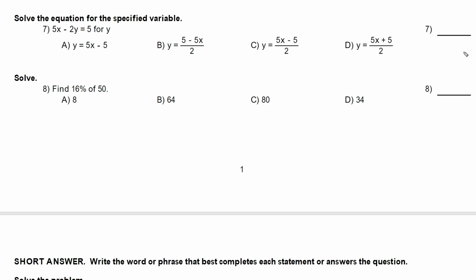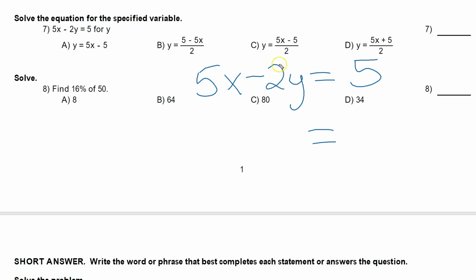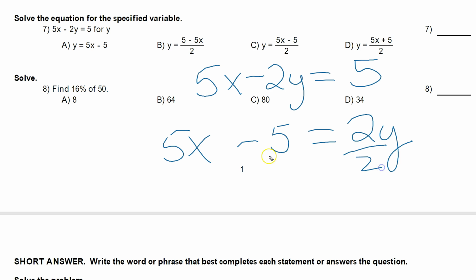Now, in this next one, they want us to solve this equation. And let me write it here. 5x minus 2y equals 5. We want to solve it for the letter y. Remember, this is in standard form, so I would bring the negative 2y over to this side where it becomes a positive 2y. Bring the 5 over here. Now it becomes a negative 5, and this is 5x. Now we divide everything by 2.